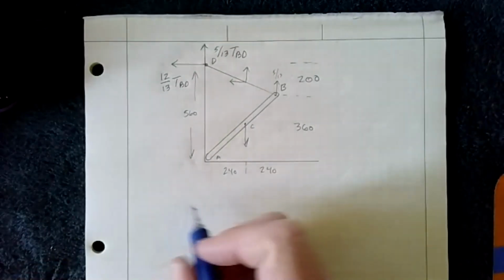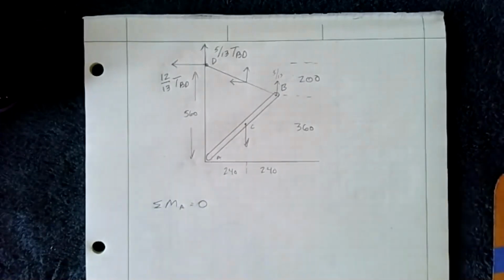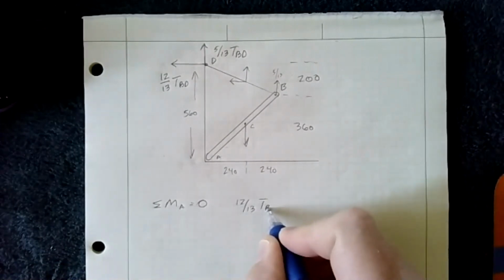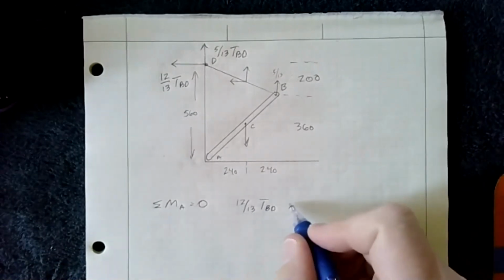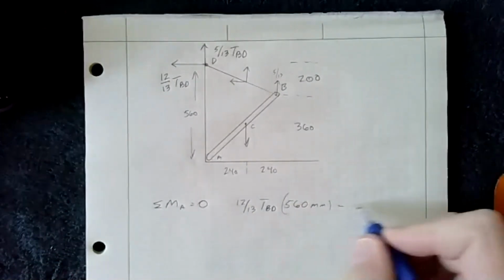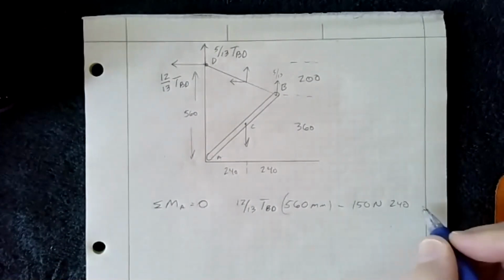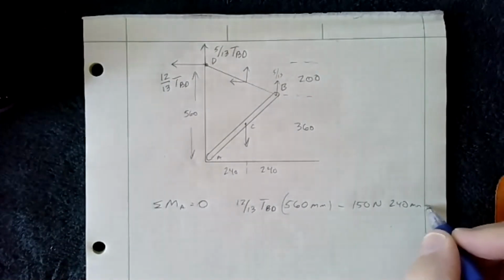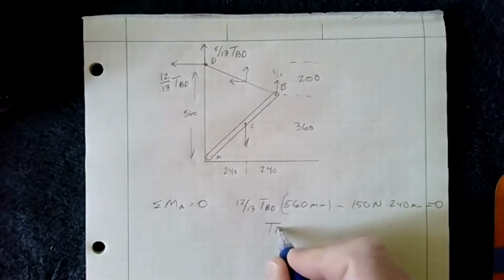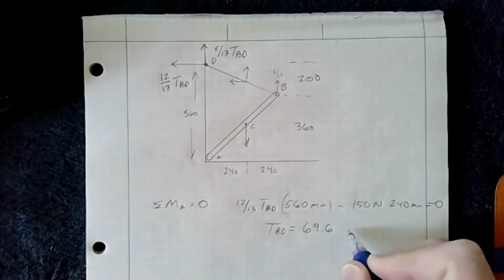So if I use a conventional method, I'm going to sum the moments about the point with most unknowns, being A. So I have 12/13 times my tension BD times the distance 560 millimeters, minus 150 newtons times 240 millimeters, and that equals 0. So I end up with my TBD equal to, I think in this case it's 69.6.